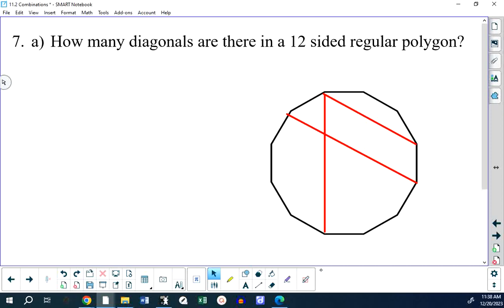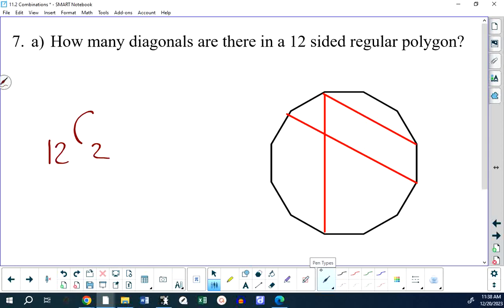And each diagonal is arrived at by choosing 2 vertices, right? So if I said to you, how many ways can I select a pair of corners or vertices? The answer would be 12 choose 2. That's how many ways I can connect all of the 12 points. Why is that not the number of diagonals? Because that includes all of the sides.